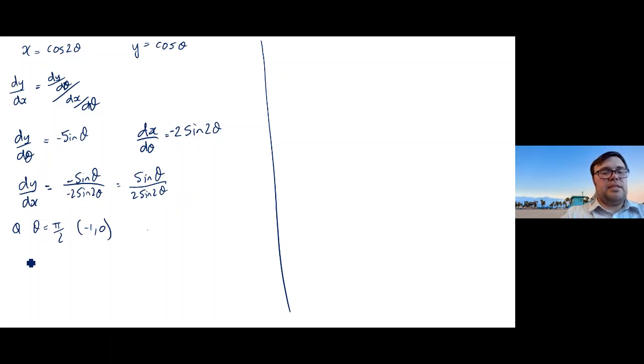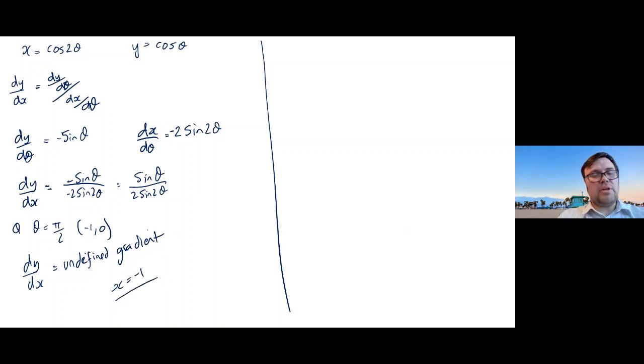You put theta into there, dy by dx equals, well, it doesn't equal anything because sine of 2 theta on the bottom means that you're going to be divided by 0. So it's an undefined gradient. So that means that it's just going to be x equals minus 1 is the equation of the tangent.